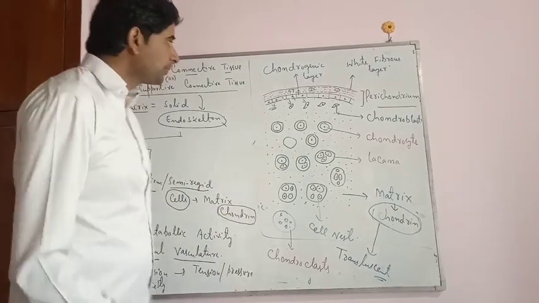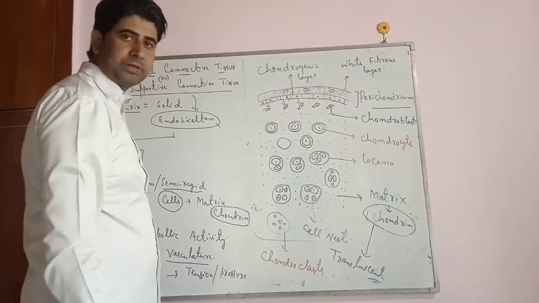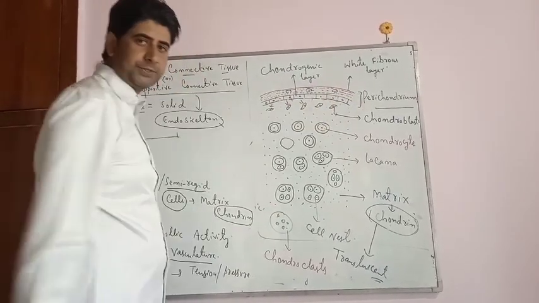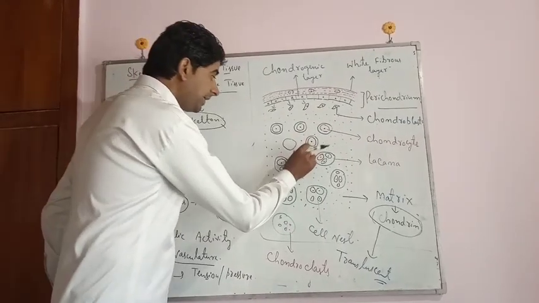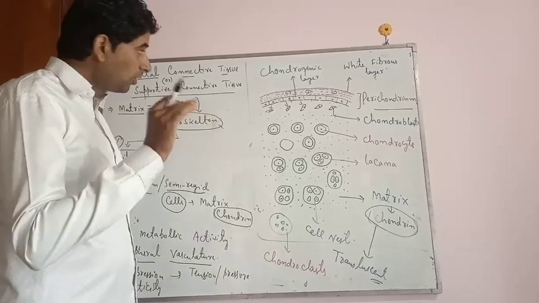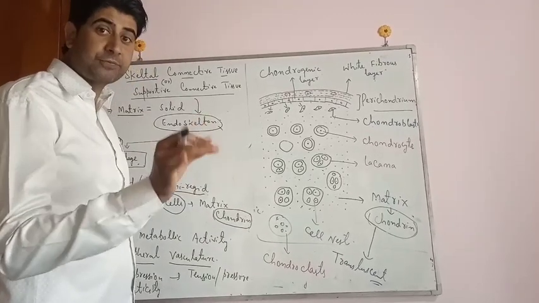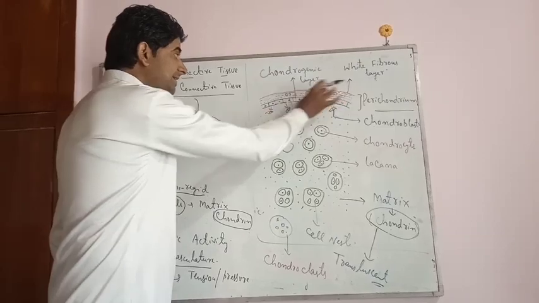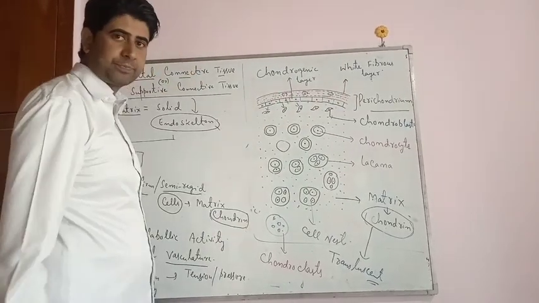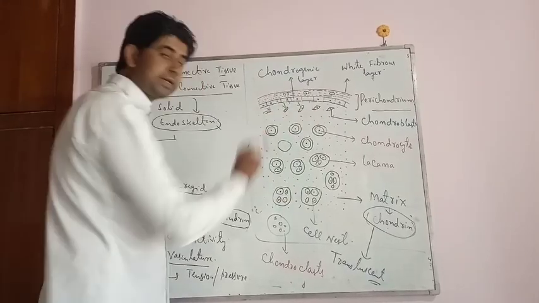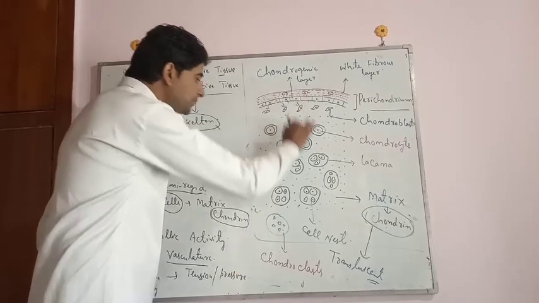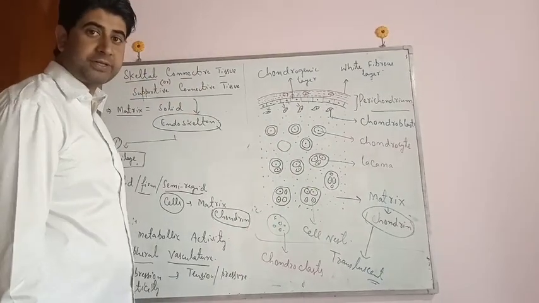I mean मतलब क्या हो, जो यहाँ पे blood vessels है, those are only present in the peripheral portion of the cartilage, not in the interior region of the cartilage. This is the important characteristic feature of the cartilage, that means they possess the peripheral blood supply, and from this peripheral blood supply, the nutrients as well as oxygen, they diffuse towards the interior side of the cartilage.